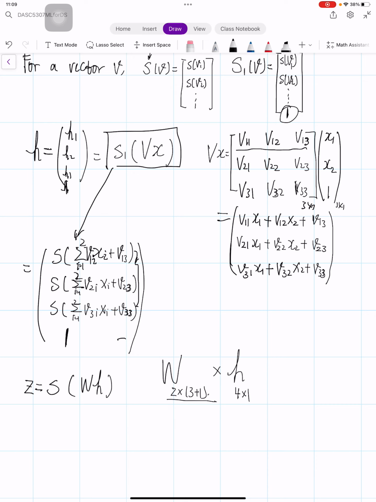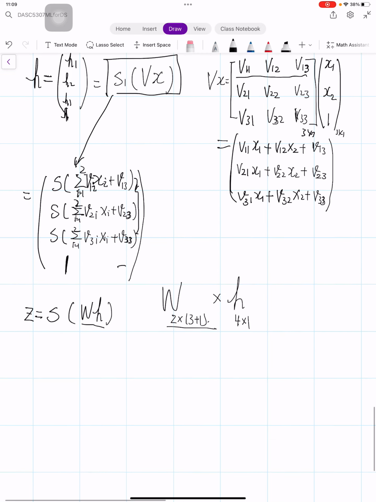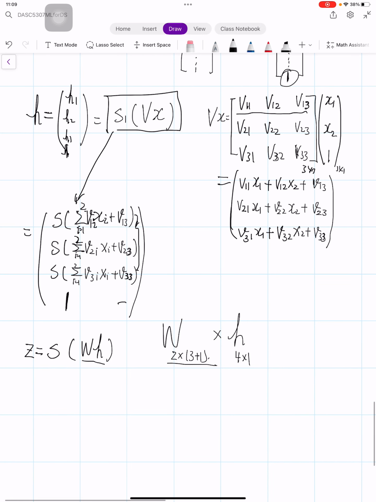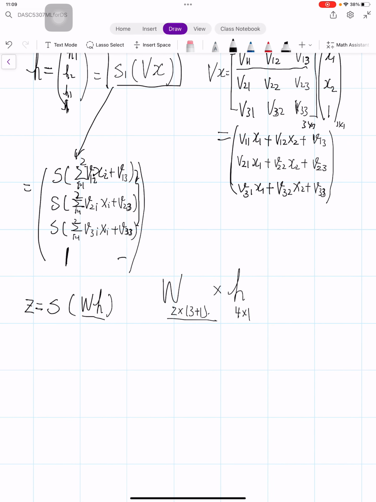So this will be a 2 by 1 vector, and you apply the activation function component wise. So we can use the matrix notation to write down, even when we have multiple layers, our function.